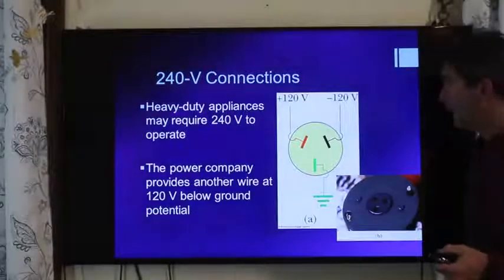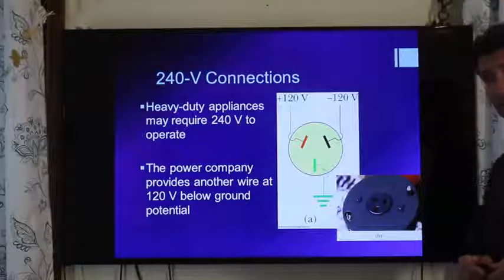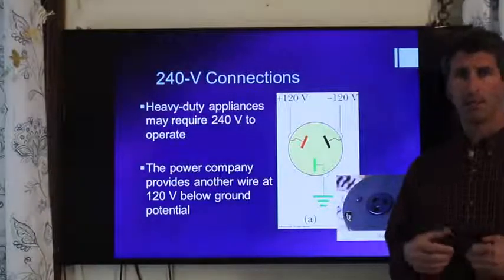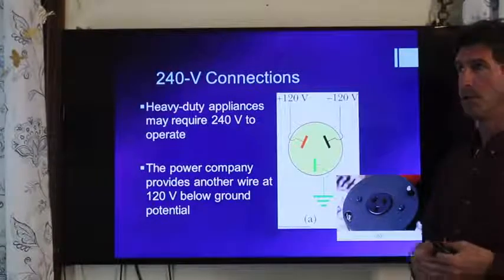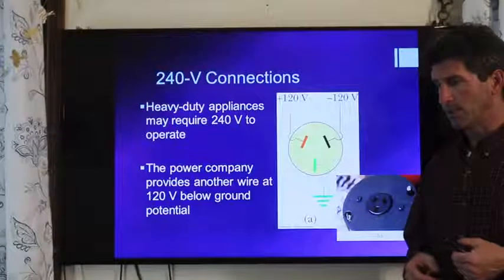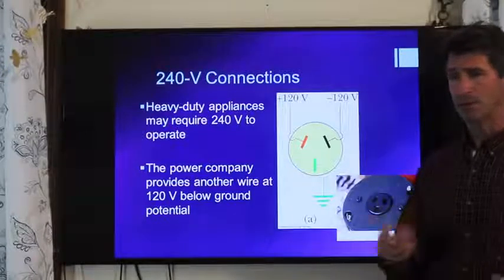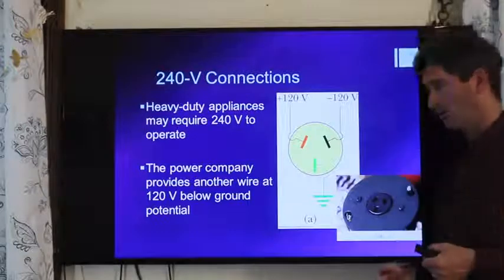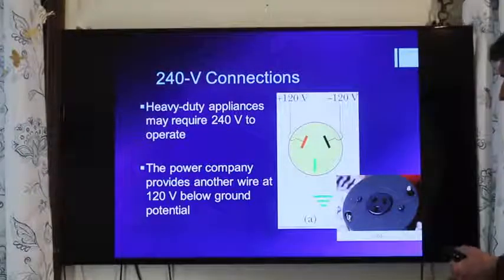And again, 240 volts is typically reserved for really power-intensive appliances. If you have an electric oven, if you have a large air conditioner, not just a window unit, if you have a large electric heater. Hot water heaters are normally hardwired, so we don't plug them in.